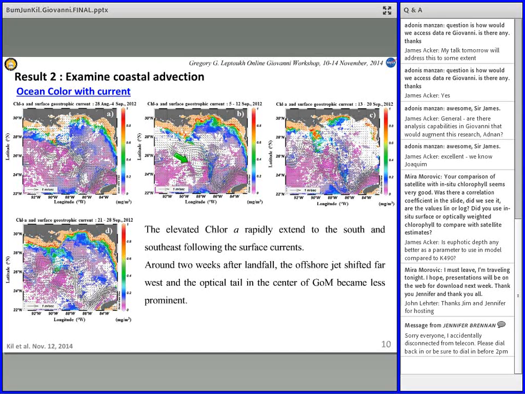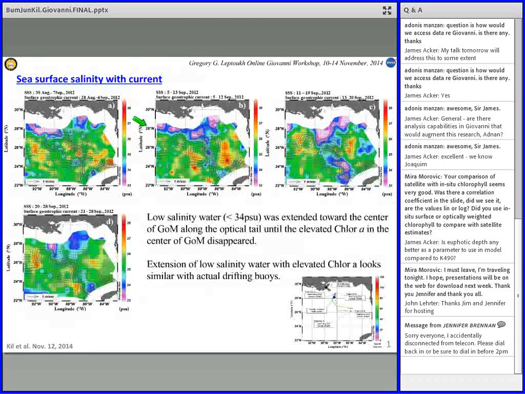So in order to clarify that this event is not from hurricane-induced forcing and originates from the coastal region, we can support that idea by comparing with another satellite, shown in this picture, the SMOS satellite.